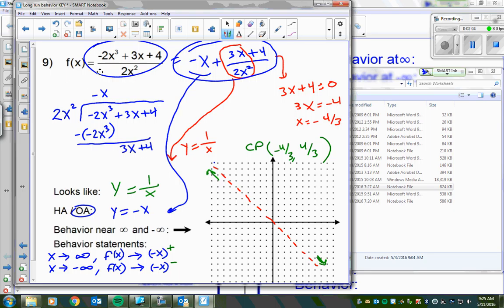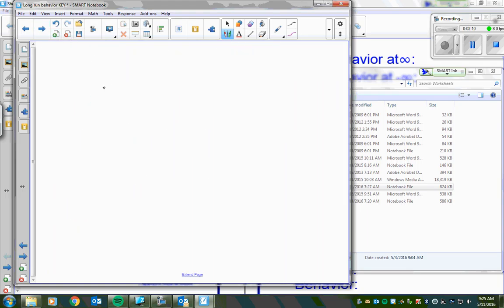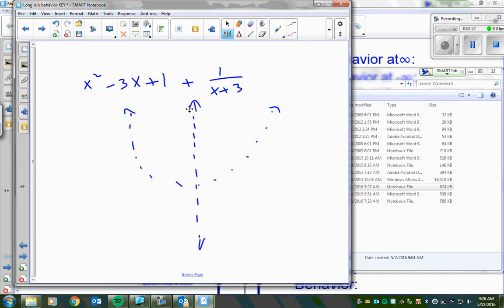Listen, let me show you one more example. So I said, when you do long division, whatever you get there will be your asymptote. What if you do long division and you get this? Well, then your asymptote is a parabola. That could happen. And just to show you possibilities, let's say there's a vertical asymptote through there.